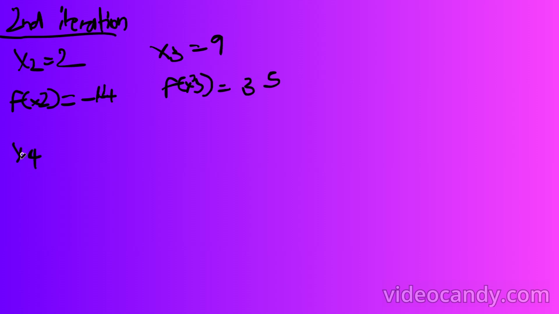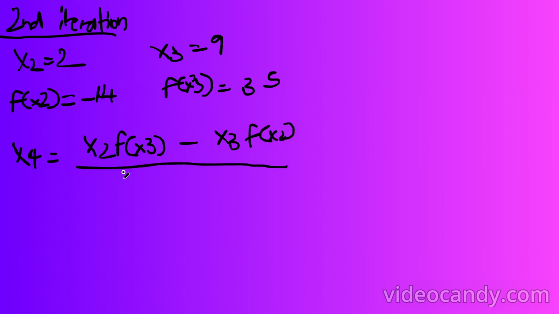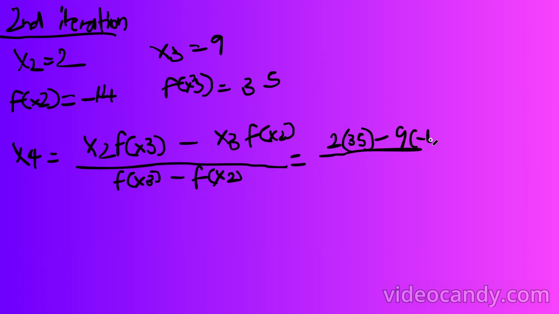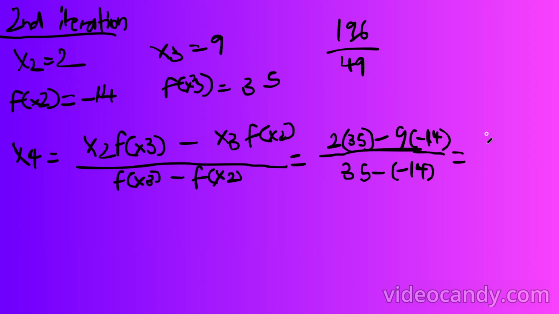So x4 is x2 f of x3 minus x3 f of x2, divided by f of x3 minus f of x2. So 2 times 35 minus 9 times negative 14, divided by 35 minus negative 14, and the answer is 4.